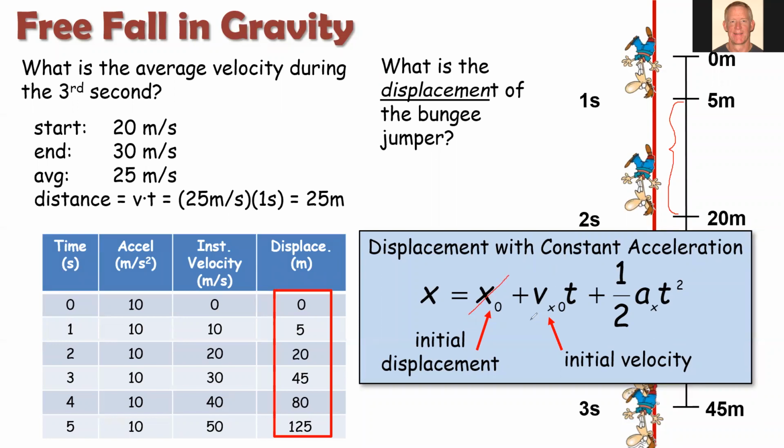And if we start from rest, our initial velocity will be 0. So often, all we need is this term right here, 1/2 times the acceleration times the time squared to be able to calculate the displacement. What is the change in their position based on the acceleration and the amount of time that they've been accelerating?